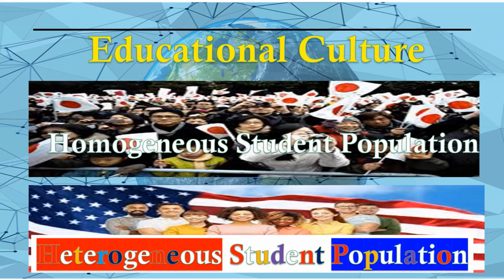What we see in many countries now, not just the United States, is a heterogeneous society, a heterogeneous student population. If you'll look at the sign below, you'll see it's very difficult to read the sign because all the letters are different.